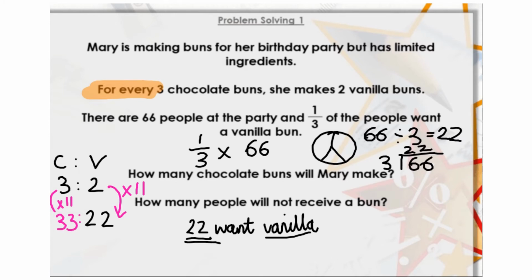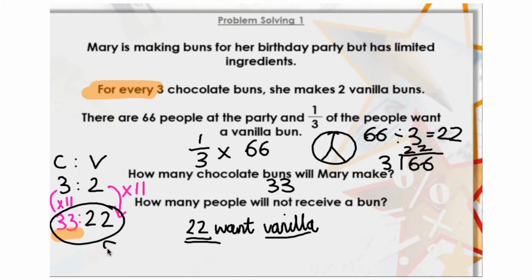So how many chocolate buns will Mary make? Well, that is going to be 33. And how many people will not receive a bun? So we've got to think chocolate to vanilla. 33 add 22 in total gives us how many will receive a bun, because they'll either get a chocolate bun or a vanilla bun.